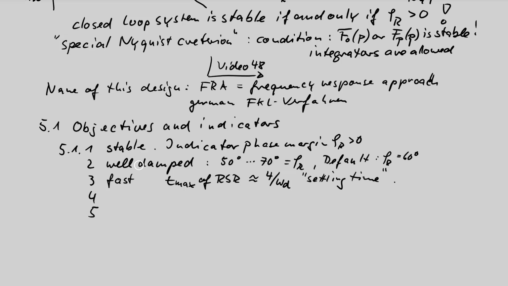But a stable, well-damped, fast loop could also be a bad loop, because it could have high control errors. The accuracy is also important, and a very good accuracy indicator is, of course, the control difference.